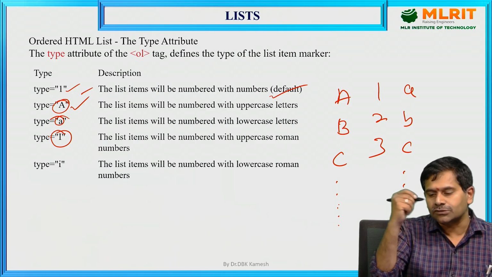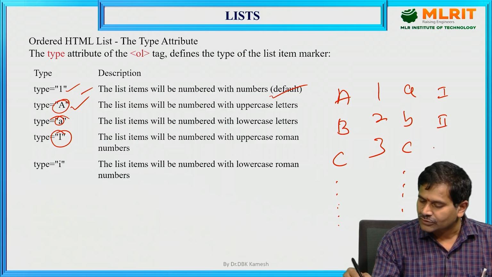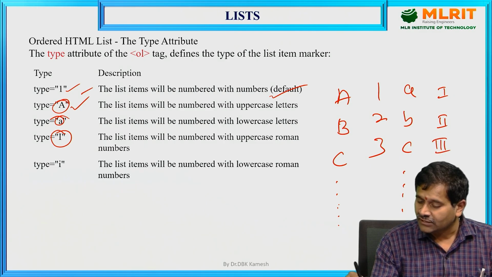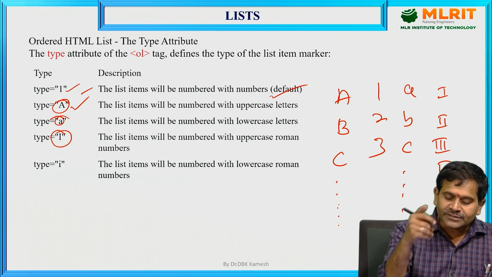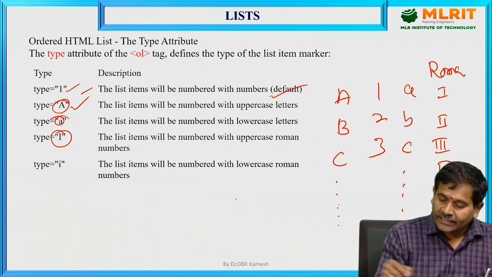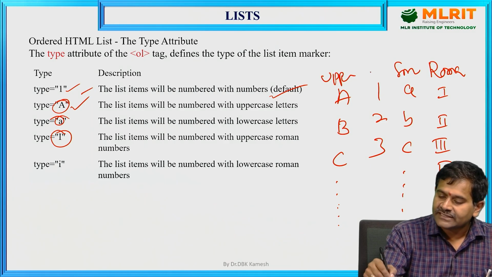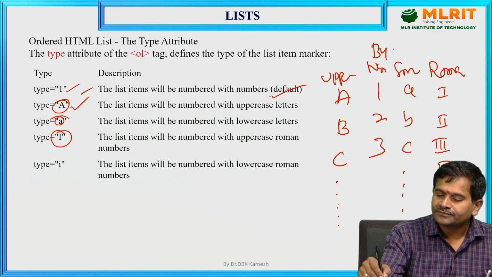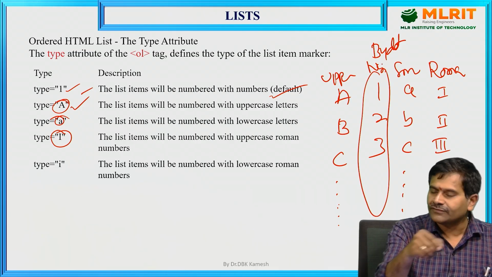Type is equal to capital I. So capital I, then II, III, IV, V, etc. However many list items you give, it follows the Roman series. Then this is small letters, this is uppercase, then this is the number, which is the default. Whether you mention it or not, this is the default one.